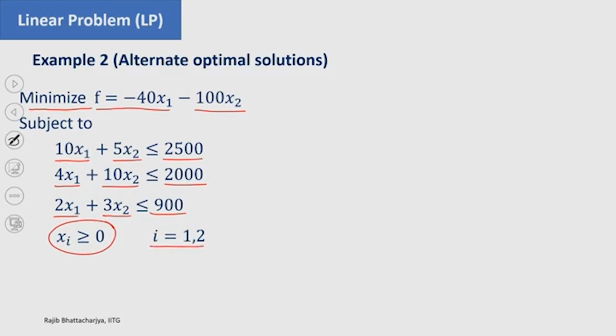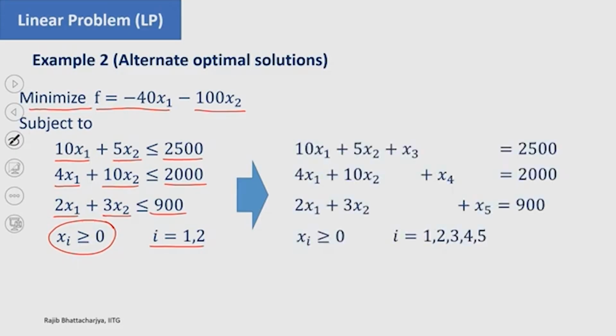So, here we have 2 variables and there are 3 equations. Now, let us convert it to standard form. What I will do is put one slack variable here in order to make it equal. So, the first constraint is 10 x 1 plus 5 x 2 plus x 3 equal to 2500.